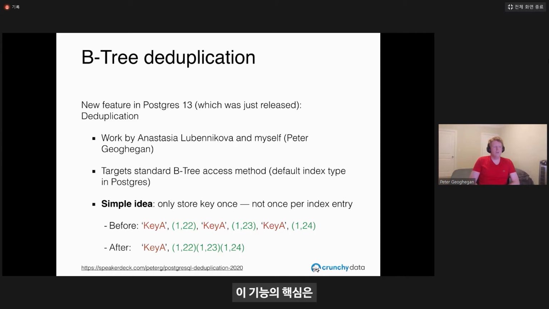Namely, rather than storing a key and after that we store a list of items in the table to which the key points. So this is fundamentally a simple idea.